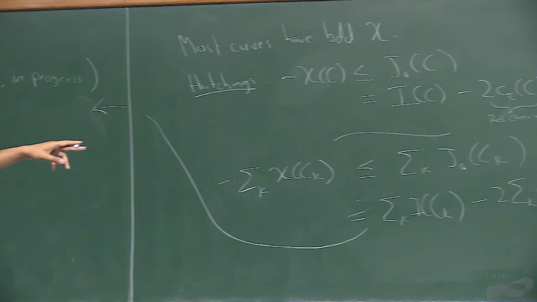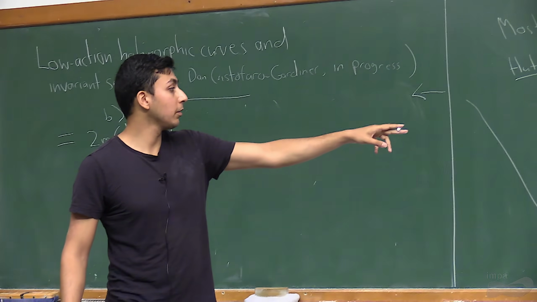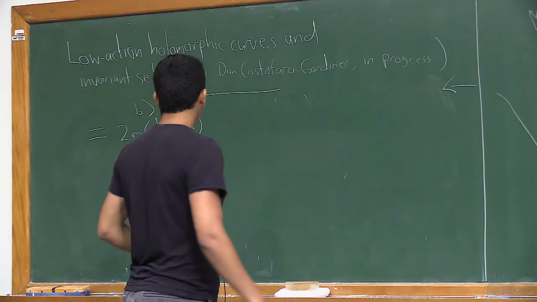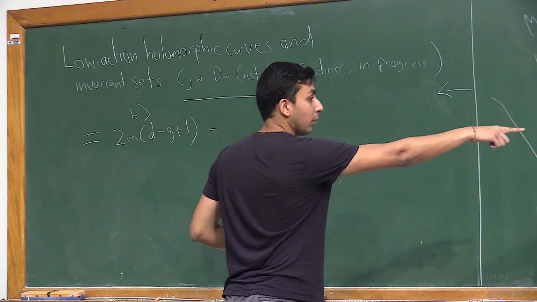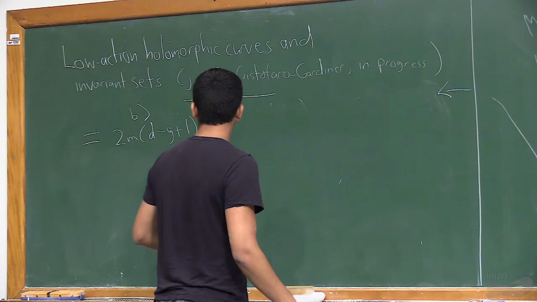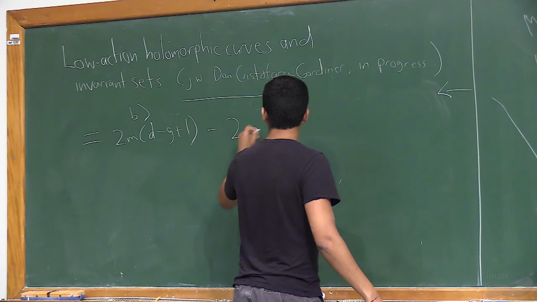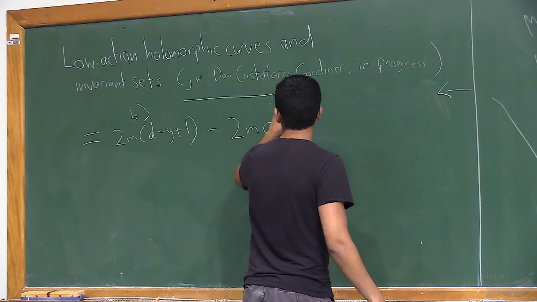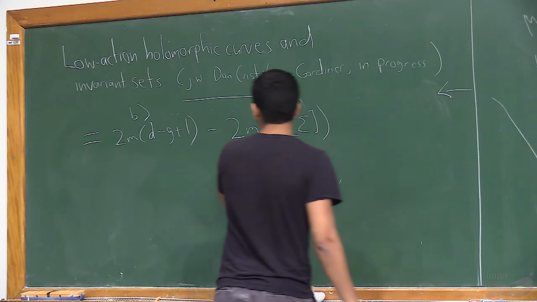Okay? Now, if we use C, we get that the sum of the homology classes of all the C sub k's is just m times a fiber. So we get that the second term evaluates to 2m times c1 evaluated on sigma.